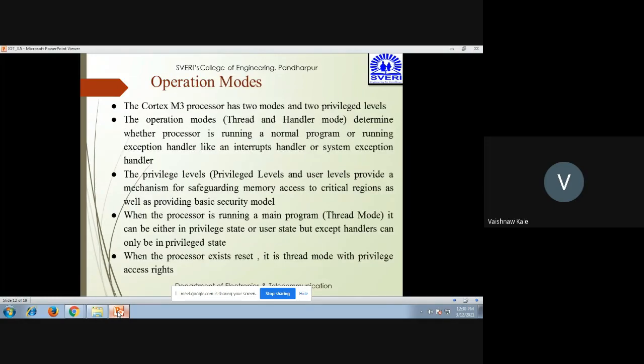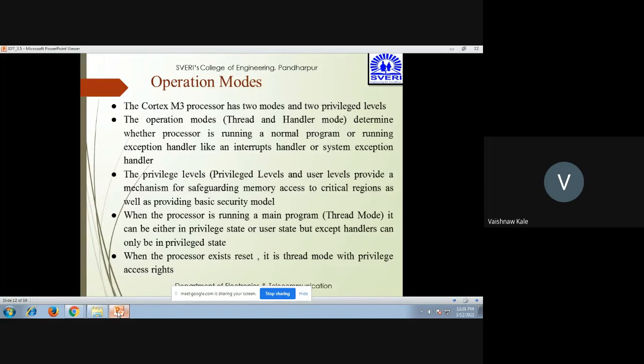Now, operating modes. Normally there are 2 operating modes and 2 privilege levels. The operating modes are thread mode and handler mode. Thread mode means your main program is running, and handler mode means your main program is not running.